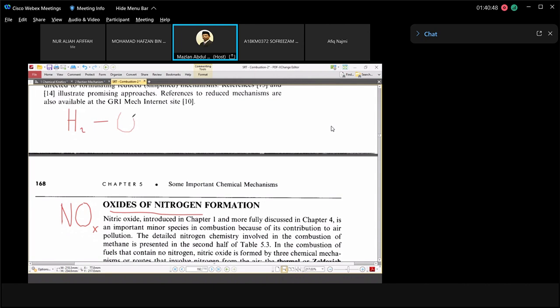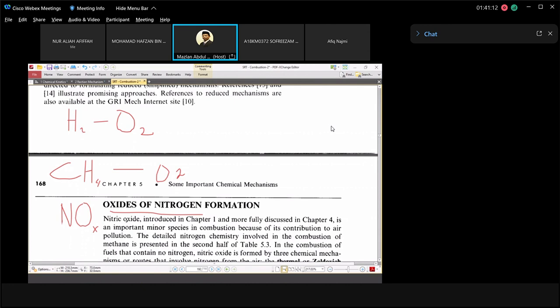You have an S curve as an example, hydrogen and oxygen. Then you have methane, CH4, with oxygen. And then you have this NOx, oxides of nitrogen formation.